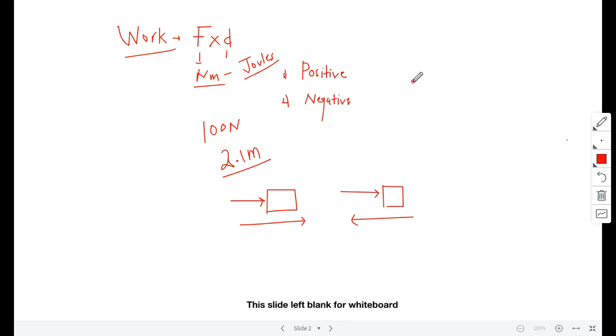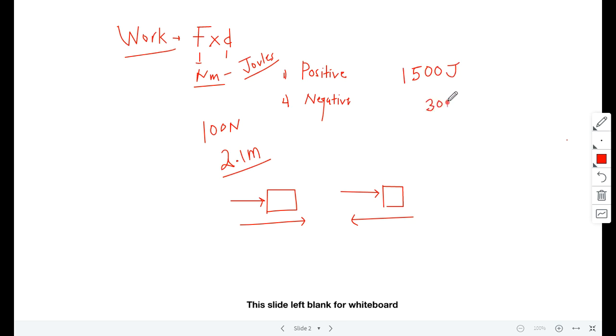Now the next one: work of 1500 joules is done on a trolley. It displaces an object through a distance of 30 meters.